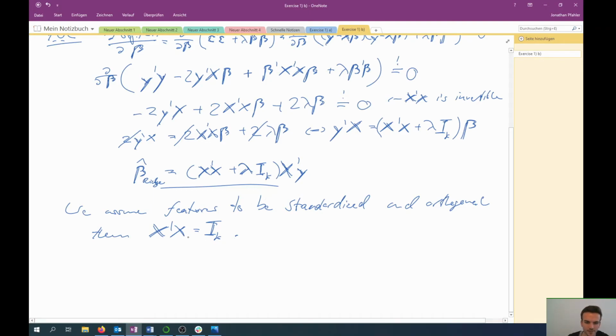And now if we plug this in, obviously, we can now factor x transpose x out of the parentheses. It should be -1 here.